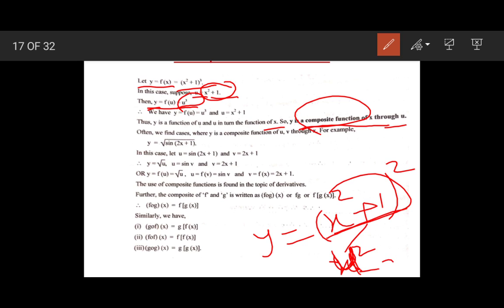And this u is a function, x square plus 1. So there are two functions. One is u square and the other one is x square plus 1. So the combination, or combining two or more functions, is known as a composite function. Okay.